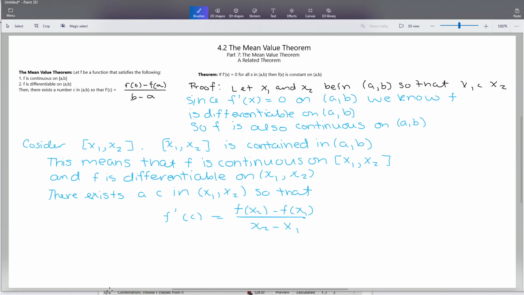Now, we know that f prime of c is 0, because it says it right here, f prime of x is 0. So f prime of c has to be 0.